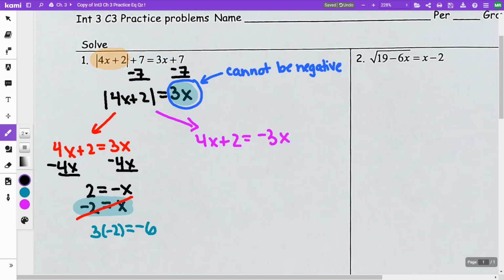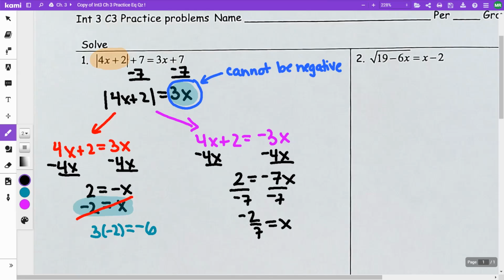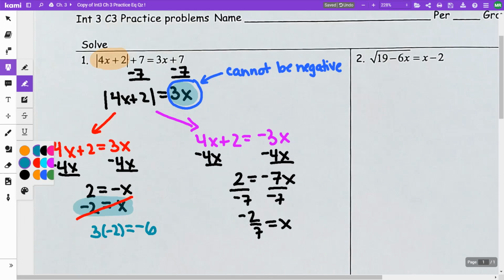So for the other one, I'm going to minus 4x from both sides. I get 2 is equal to a -7x. I divide both sides by a -7, so I get x equals -2/7. Now again, I'm going to check that.